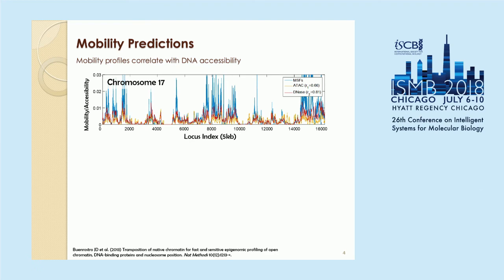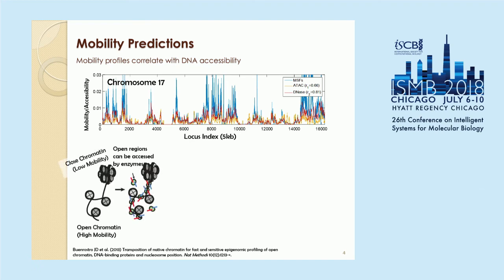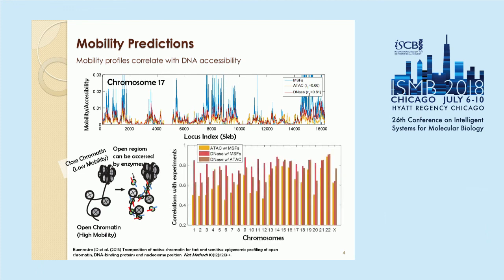This correlation makes sense because if a region is exposed to the environment and therefore accessible by the enzymes, then it should move more freely than the regions buried inside, as illustrated by this figure. And we found it is true. The correlation is true for all the 23 human chromosomes.